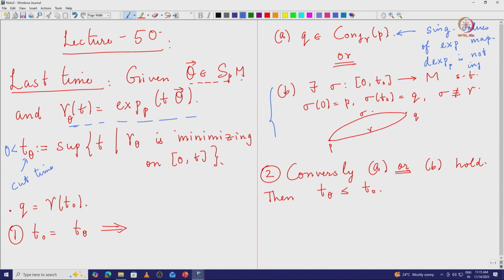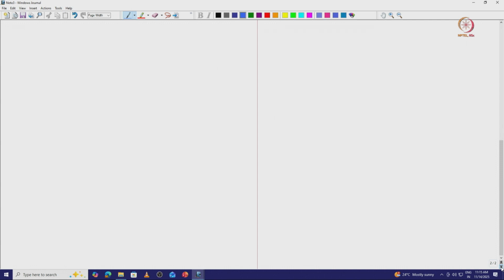On the other hand, criterion B is where the exponential map is non-injective, so that means you have two geodesics that come together at a point. And conversely, suppose A or B hold, then the cut time has to lie before t naught. So this was the important characterization of the cut point.